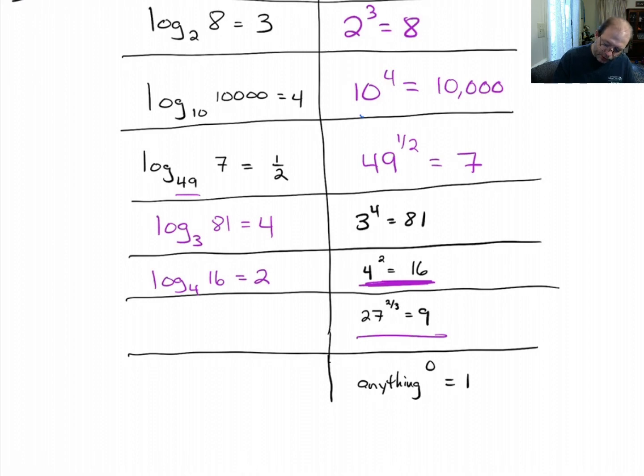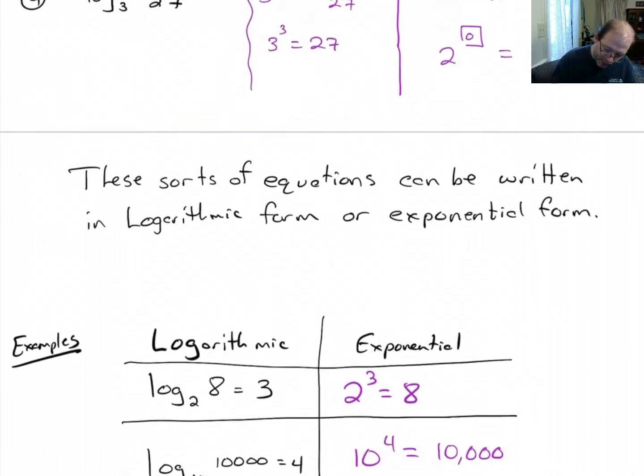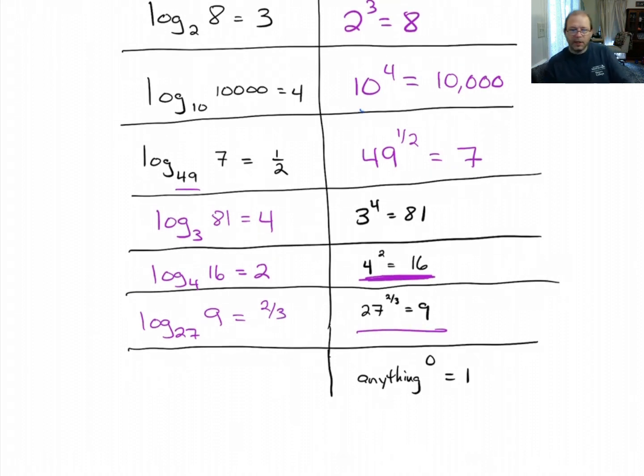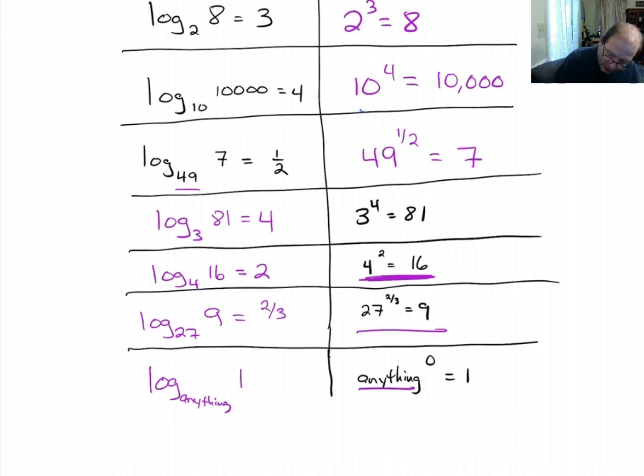Let's see, for this one we could just copy from above if we wanted to. But log base 27 of 9 is 2/3. And this last one's really more of a rule than an equation. I guess it's both, but we know anything to the 0 is 1. So the base over here is anything. So log base anything of 1 is 0.